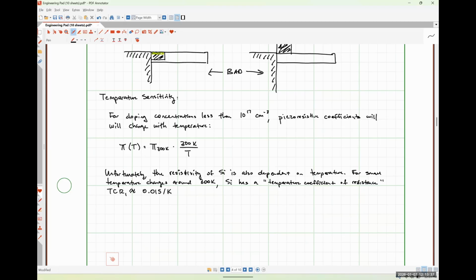It's serving as a reference resistance. And the benefit of using a reference resistance in addition to our piezo resistor that's experiencing a change is that they're both going to experience the exact same change in resistance due to temperature effects, which means those wind up canceling each other out. And the signal that we wind up measuring from that is only due to the actual stresses in our system. But we'll talk about that way more on Friday.